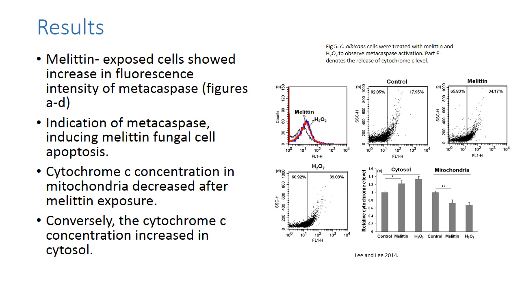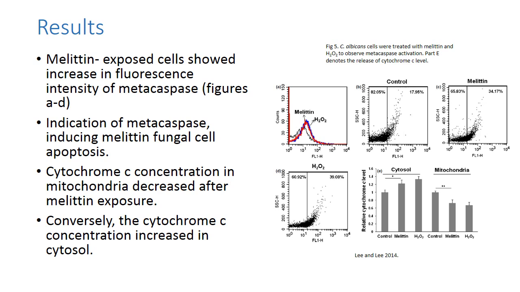Melittin-exposed cells showed an increase in fluorescence, which indicates intensity of metacaspase, and that is seen in figures A to D. This indicates metacaspase inducing melittin fungal cell apoptosis, which means that the higher the intensity of fluorescence, we can say that there is a higher indication of apoptosis.